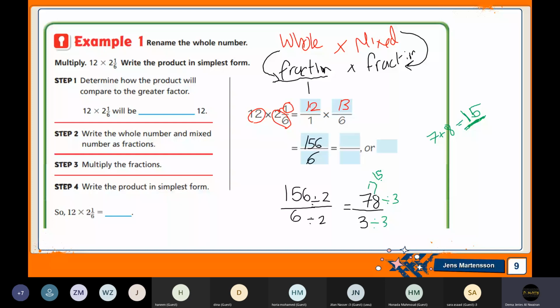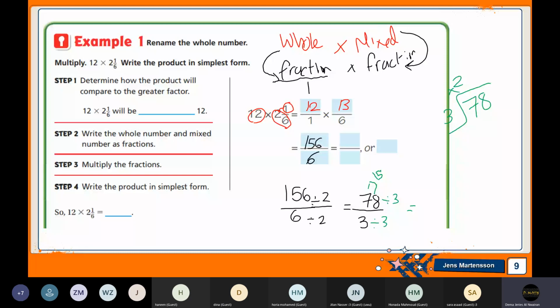Let's divide it here now. 7 divided by 3 equals 2. 2 times 3 equals 6. Bravo.